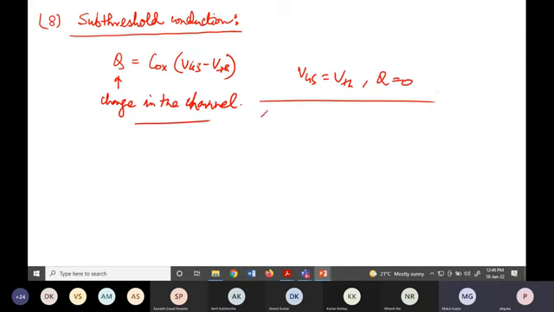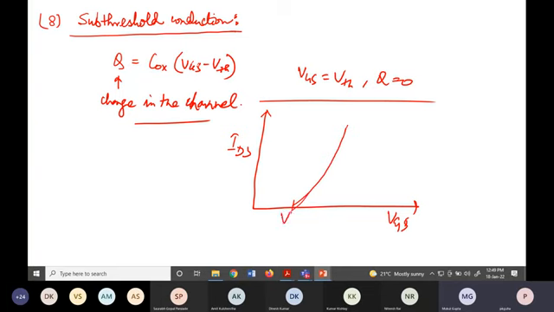So if you plot IDS over VGS, we know that it is something like this. So this is your VTH. Below VTH, we usually say that current in the FET is 0.